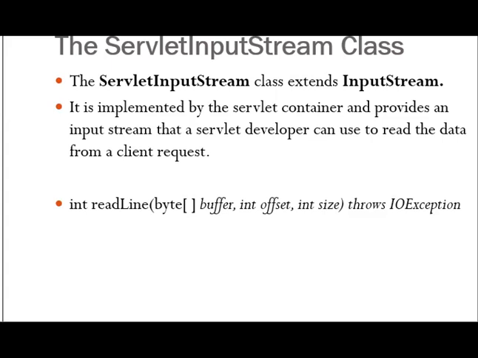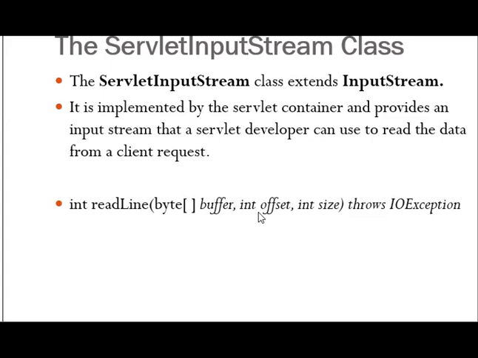The method provided over here is readLine. readLine takes the buffer, then the offset and the size. A buffer is an array into which this many size bytes are placed after the offset.